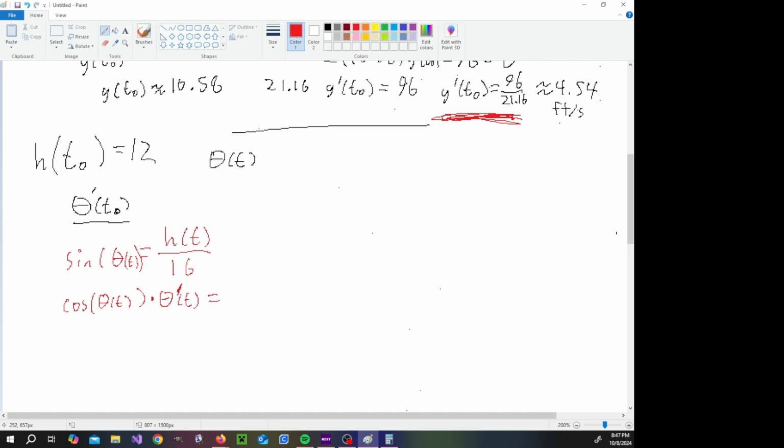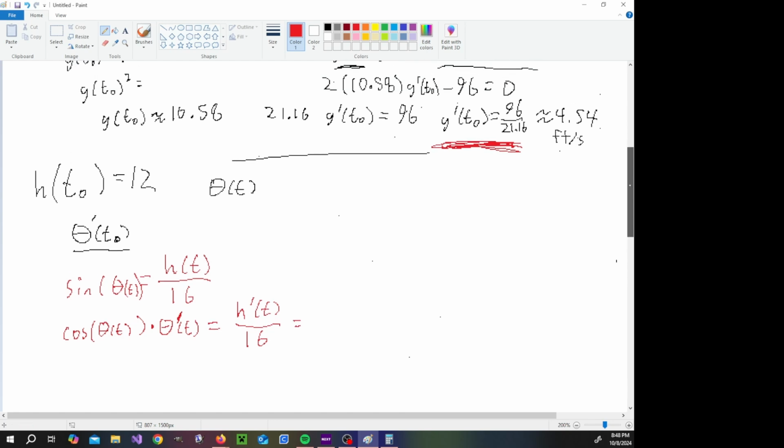And this is equal to, well, we don't have to use the quotient rule here because dividing by 16 is really just multiplying by 1/16. So really this is just h prime of t over 16. So again, why did we use sine?